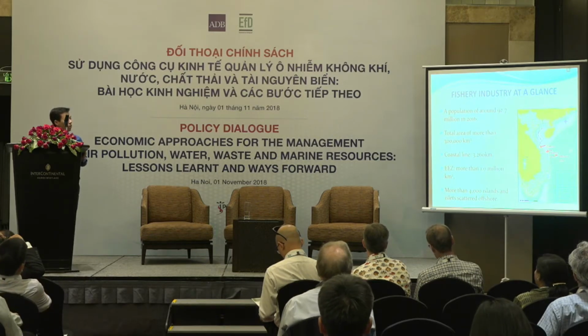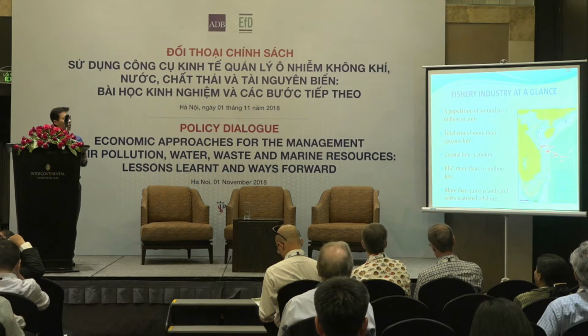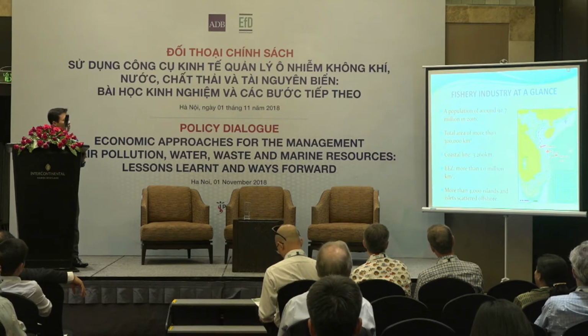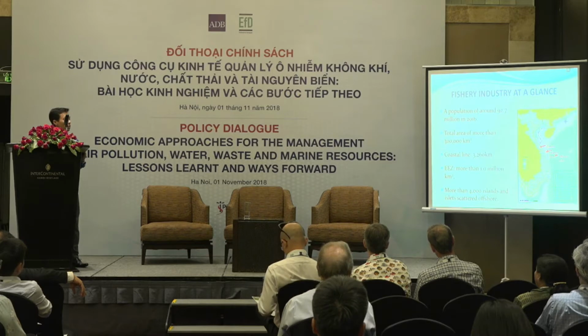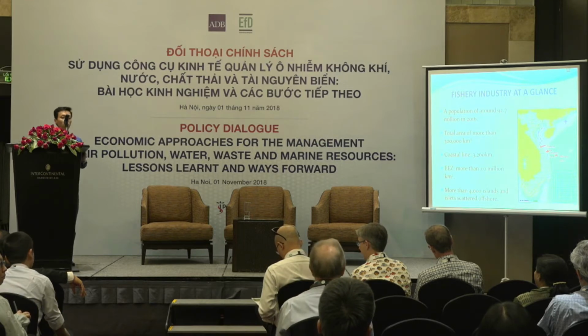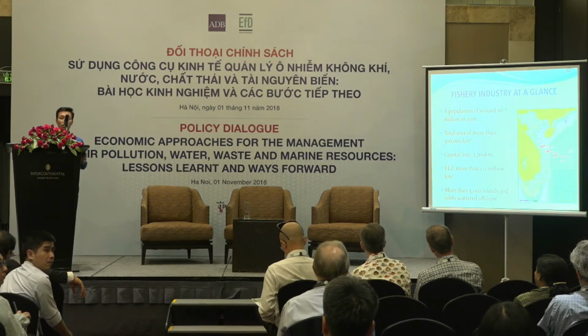The total area of our country is 300,000 square kilometers, and the coastline is very long, more than 3,000 kilometers. So the key thing is how the potential of our fishery sector is developed.